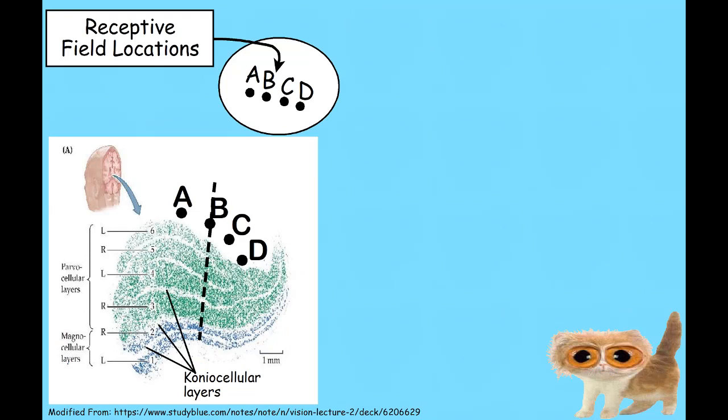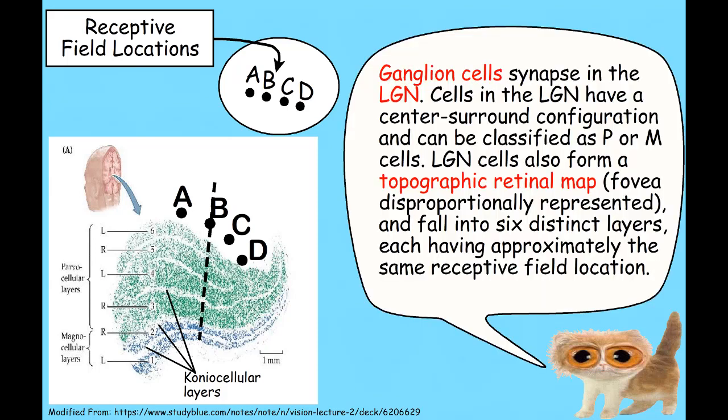So when the axons from our ganglions synapse on cells in the lateral geniculate nucleus, we see the following take place, okay? The ganglion cells synapse onto specific layers in the lateral geniculate nucleus.